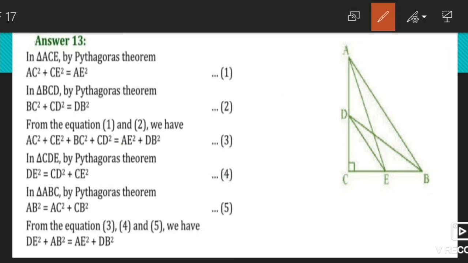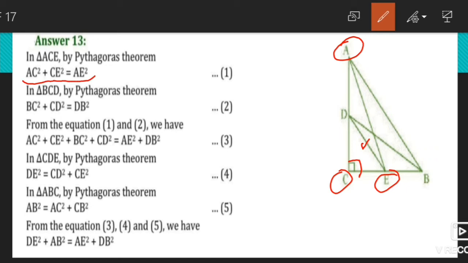First of all, if you take triangle ACE, this angle C is 90 degrees, that is, ACE is a right angle triangle. So by Pythagoras theorem, AE square is equal to AC square plus CE square.